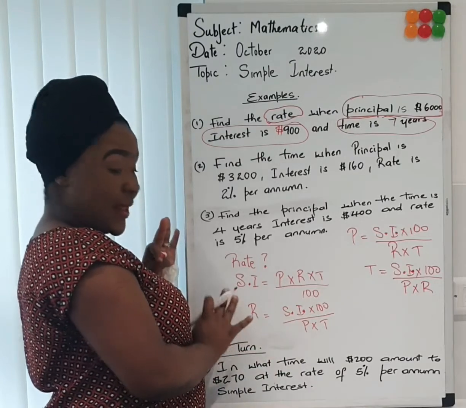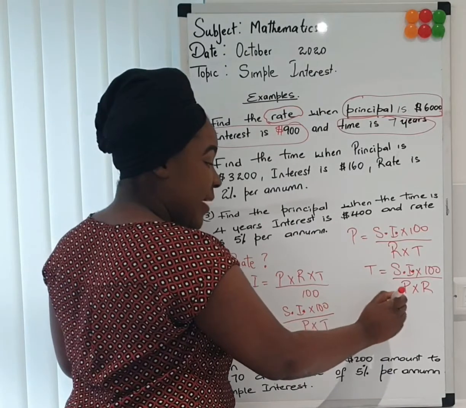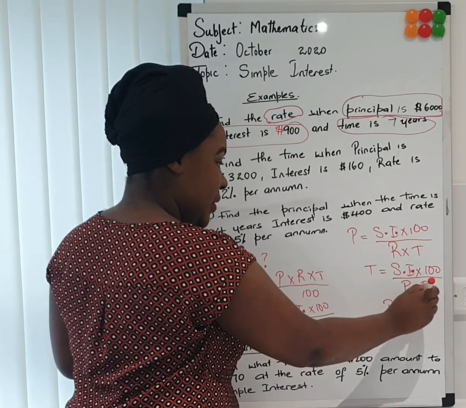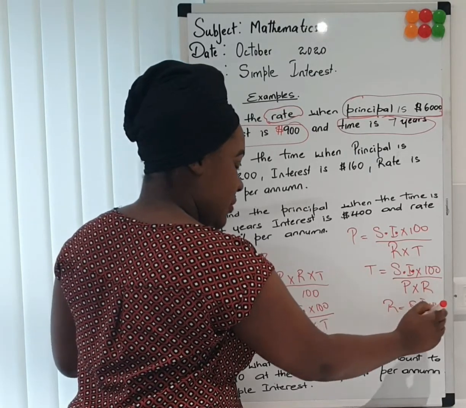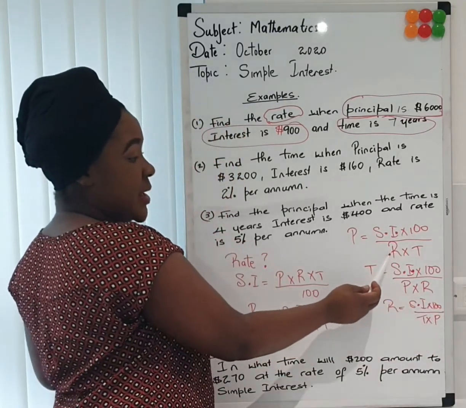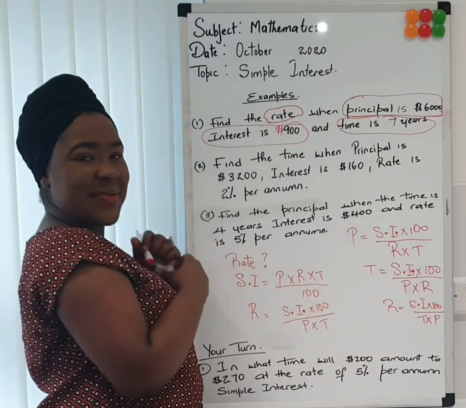Just so I can clear and make more space here to do the solution, I'm going to go ahead and write my rate formula here. And it doesn't matter if you said T times R, or P times T, it's the same thing, alright?